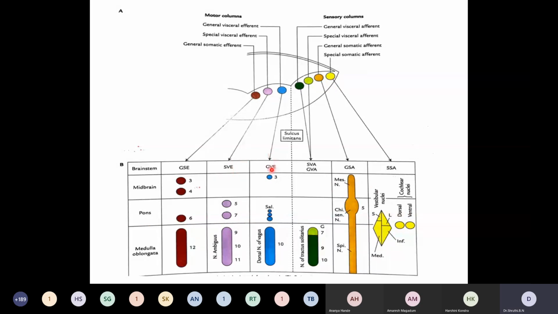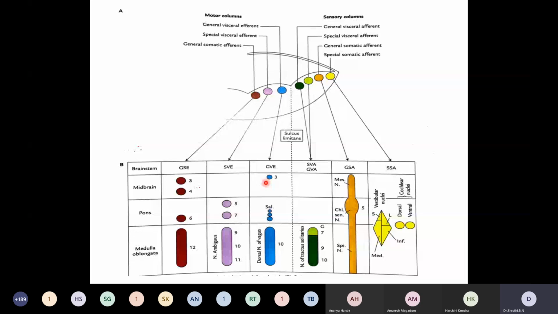The last component of the basal lamina is general visceral efferent. That means it carries the preganglionic autonomic fibers to the viscera. At the midbrain, you have the Edinger-Westphal nucleus. It supplies the sphincter pupillae and ciliary muscles.